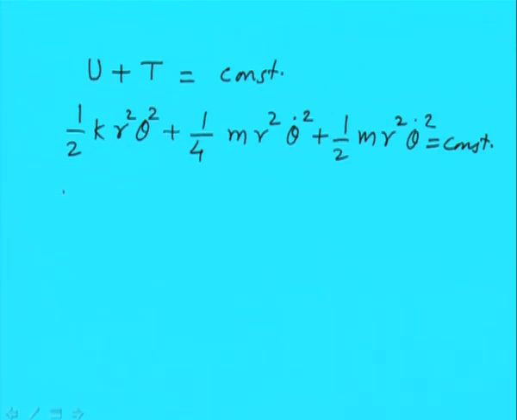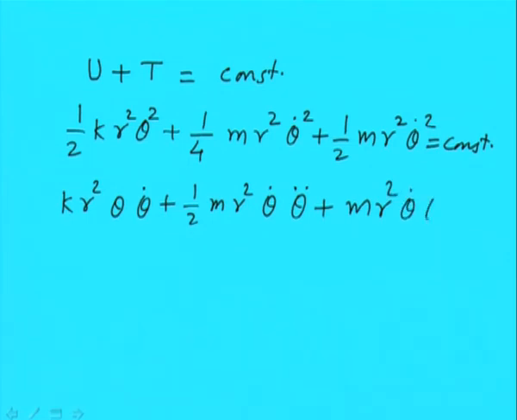So, let us differentiate this. So, this will be k r square theta theta dot plus half m r square theta dot theta double dot plus m r square theta dot theta double dot is equal to 0.